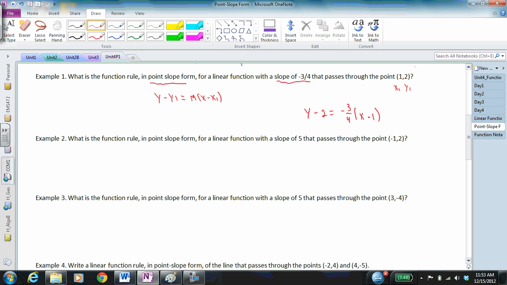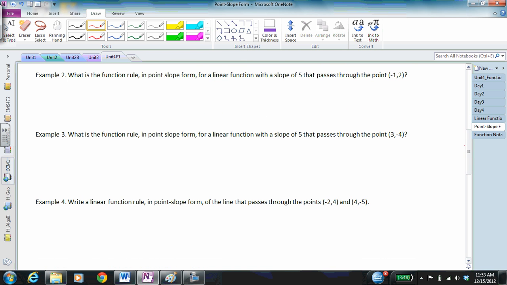1. Example 2. What is the function rule in point-slope form for a linear function with a slope of 5 that passes through the point negative 1, 2? Pause the video and try it yourself, and then play again to see the answer. So again, we want point-slope form. Y minus y1 equals m times x minus x1, with a slope of 5 and passing through the point negative 1, 2.